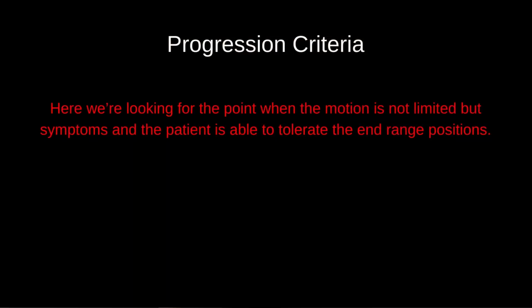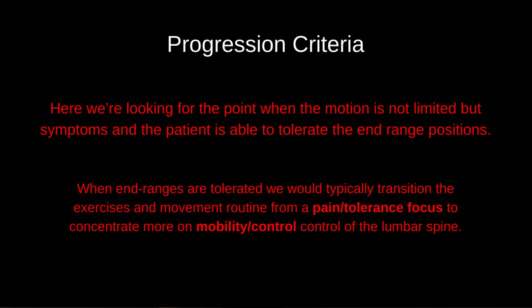For example, if the patient has some very mild symptoms, but these do not limit their range of motion, then that to me is considered access to end range. And when this is the case, we are typically ready to progress them on to the next phase of care and the next exercise sequence, which in this case would typically be moving from a pain tolerance focus to one that's focusing more on control and mobility of the lumbar spine.